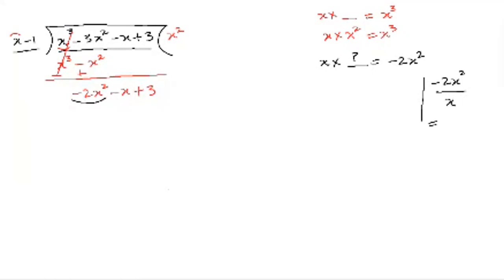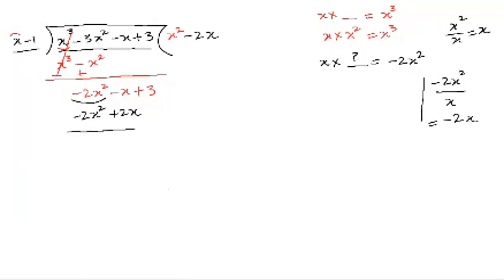So minus 2x square divided by x is equal to minus 2x. So I'll multiply the whole thing by minus 2x. And I get here minus 2x square, and minus 2x multiplied by minus 1 becomes 2x.